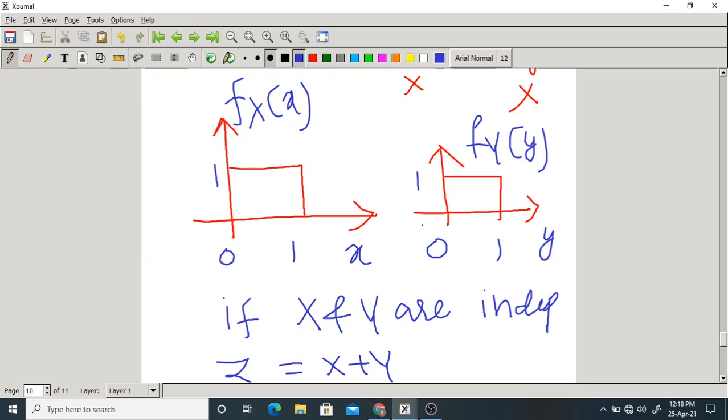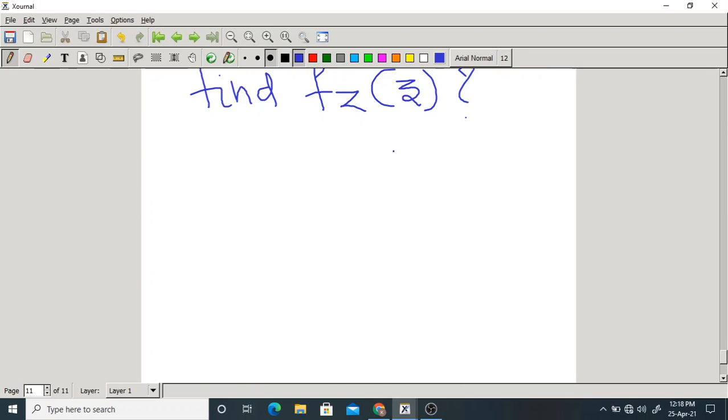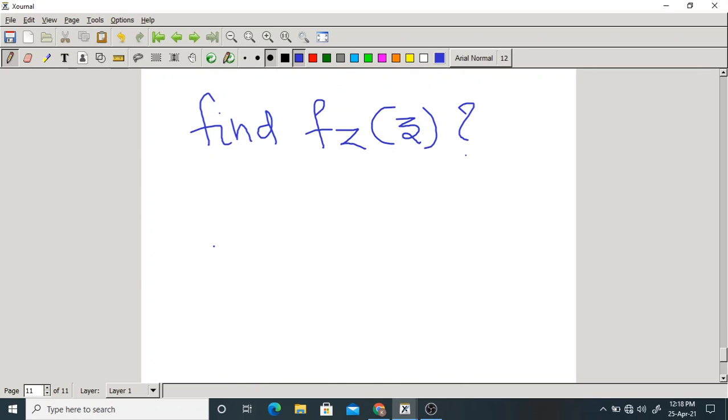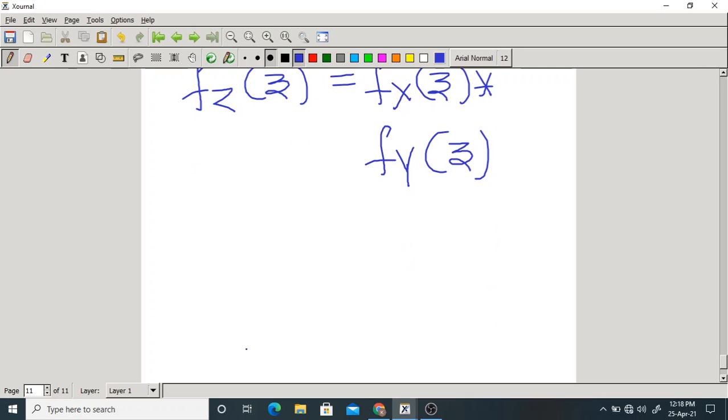Now here they gave us two PDFs directly. They also told us that they are independent. So since they are independent, fz of z equals fx of z convolution fy of z. Now simply I am asking, what is the convolution of these two?